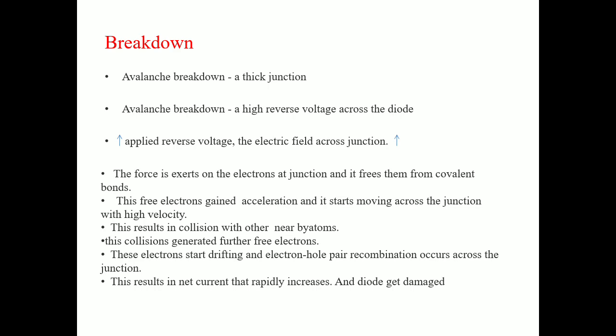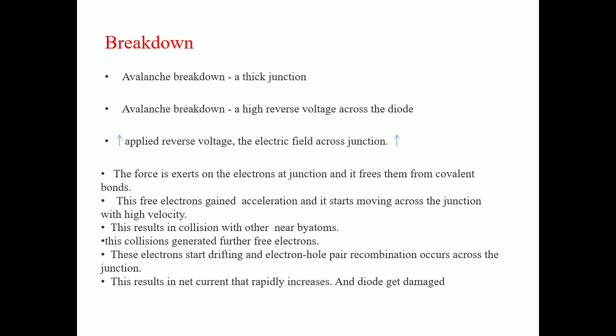Electron-hole pairs are generated across the junction, and a large reverse saturation current is produced. The device gets heated and at one stage gets damaged. So this is avalanche breakdown.